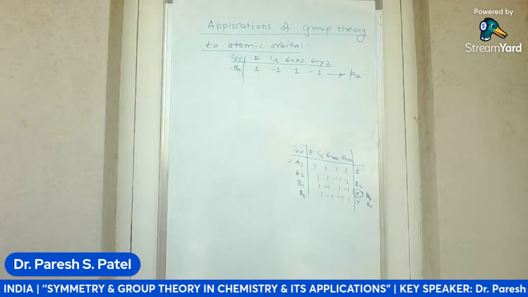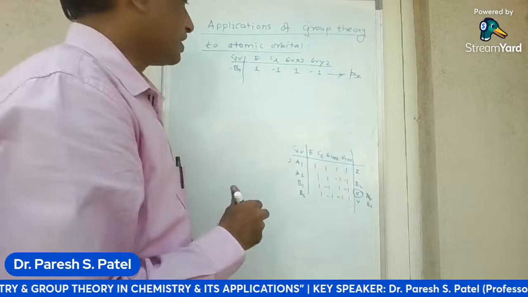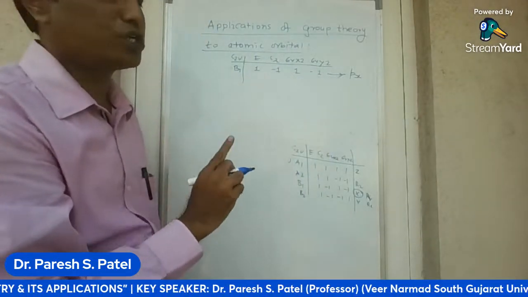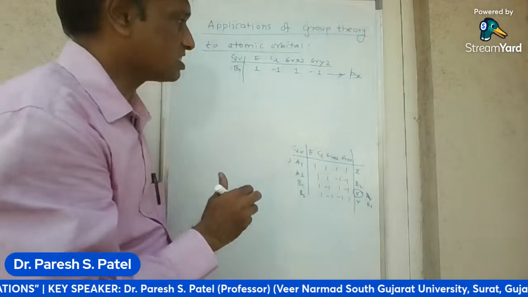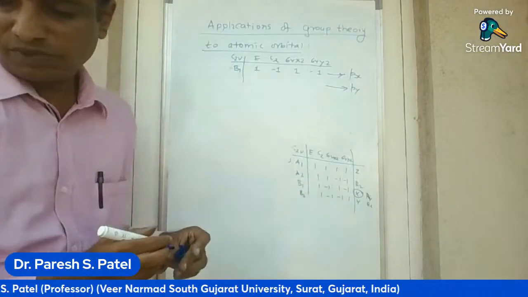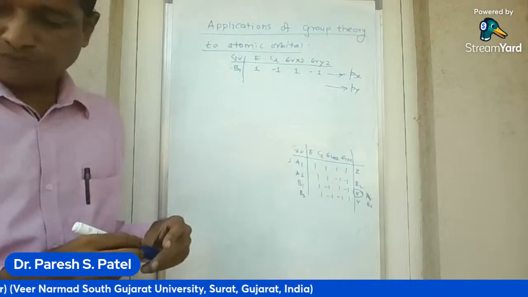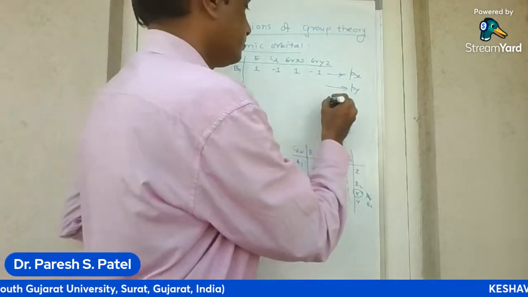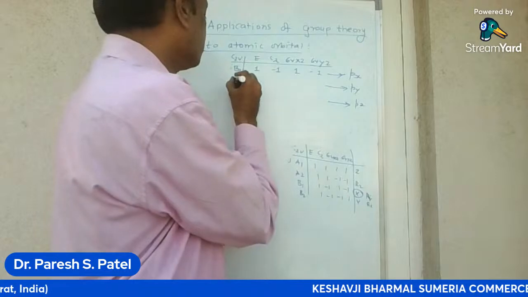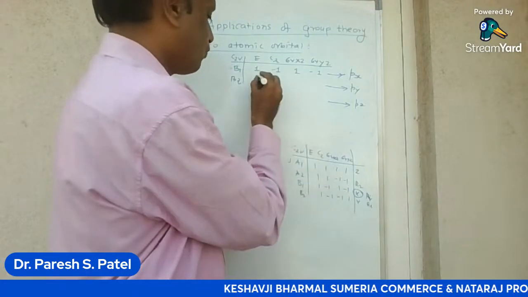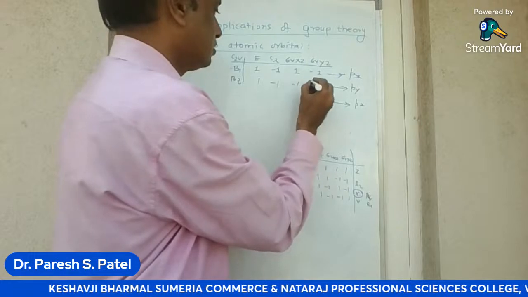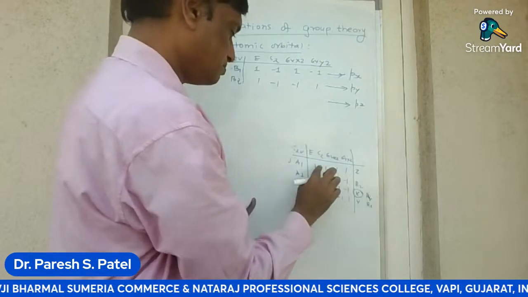So dear students, we can predict that this is the contribution from px, or we can say these are the transformation properties of px. Similarly, we can do it for py and pz. So y means b2, with 1, minus 1, 1, and pz is a1.